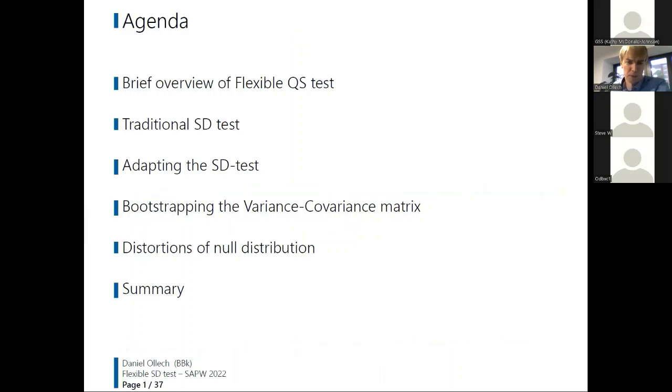In fact, what I will present today is how I think one can go about getting a flexible version of the QS test that Tucker has presented before, and also the F-test on seasonal dummies. I will only briefly go over the QS test because I just want to show you the results and show you that it may work.